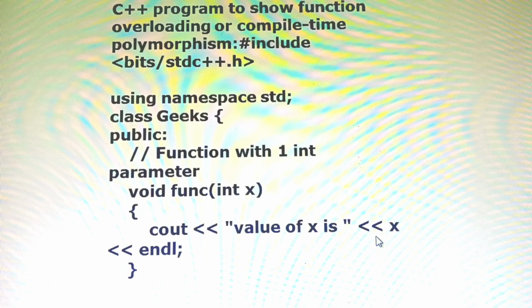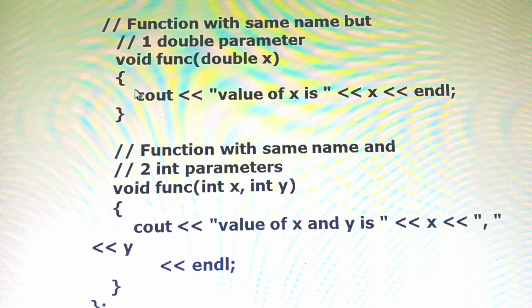We will pass the values in the main program. Then see, the type of the argument is different. There it was int, here it is double. The name of the function is the same, func. There it was int x, here it is double x, having the decimal point.